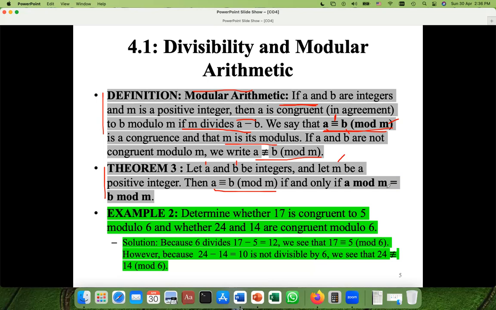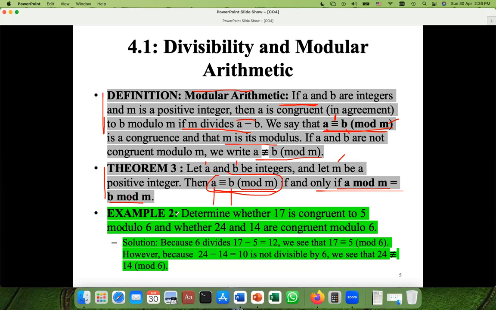If and only if A mod M, calculated individually, is equal to B mod M. You can write A and then mod M, and then B and then mod M. If A mod M equals B mod M, then you can say that A is congruent to B mod M. So if there is a question asking you to find this congruence, then you can use either this definition or this definition to find that congruence.